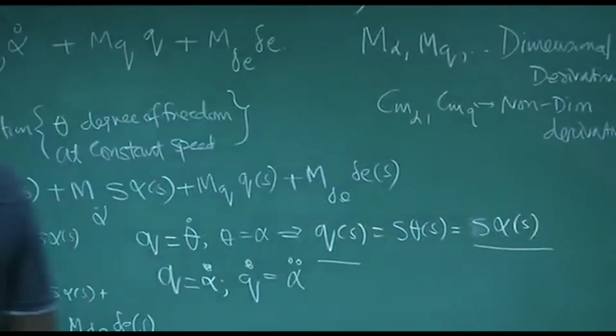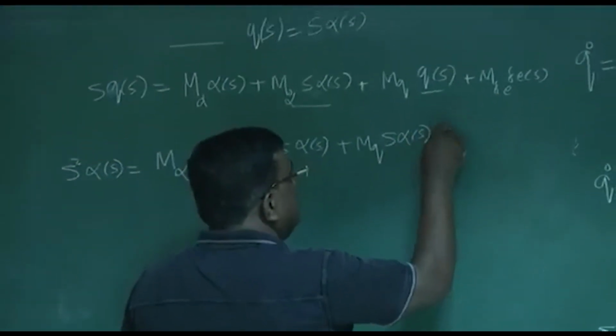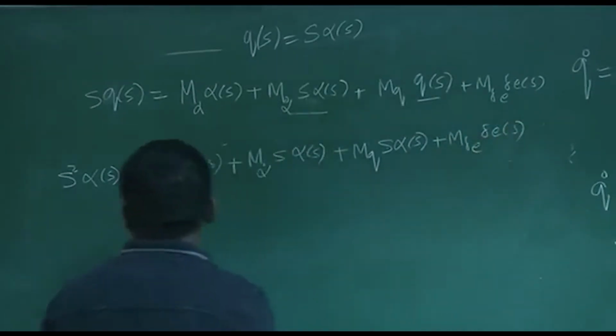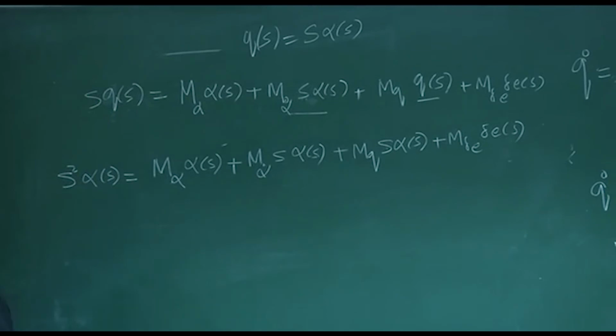Q of S is S alpha S. So again I write here S alpha of S plus M delta E into delta E of S, that is the expansion. So if I now do one trick, I take this term to the left hand side, then what I get?